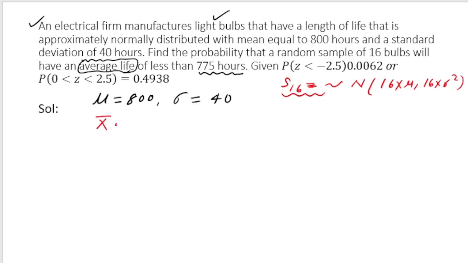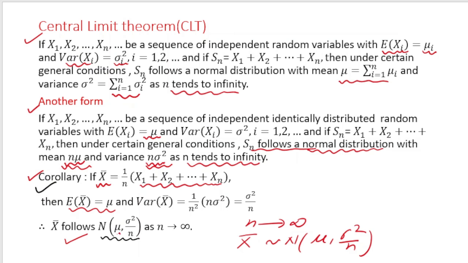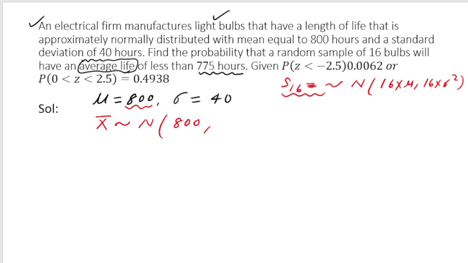So here the x bar will follow the normal distribution with the same mean, that is 800, and variance, because again look at this statement, the mean will remain same and variance will be sigma square by n. So variance is 40 square by n, that is equal to 16, right? So this x bar, the average life, follows the normal distribution with mean 800, and what is variance?